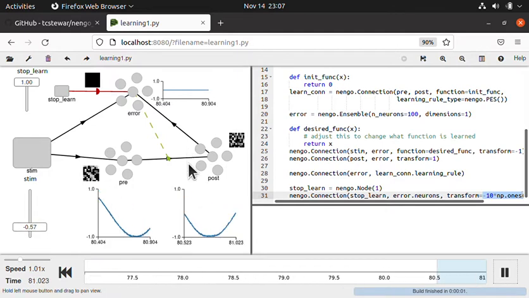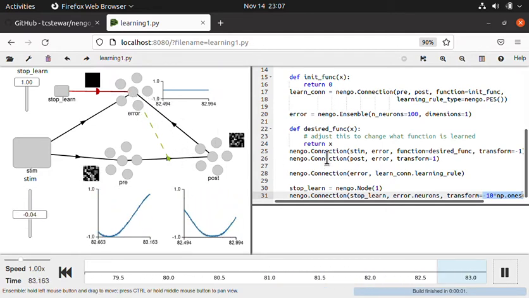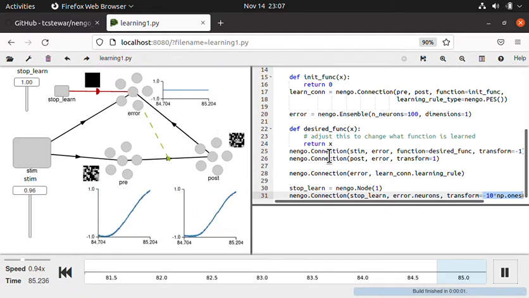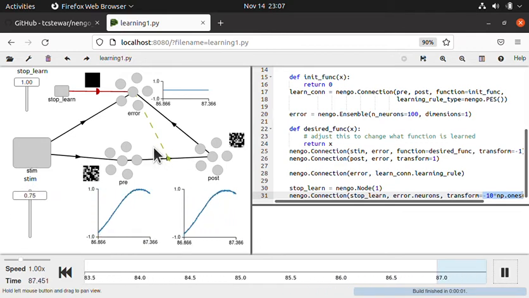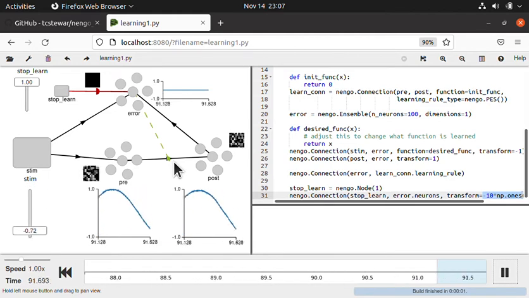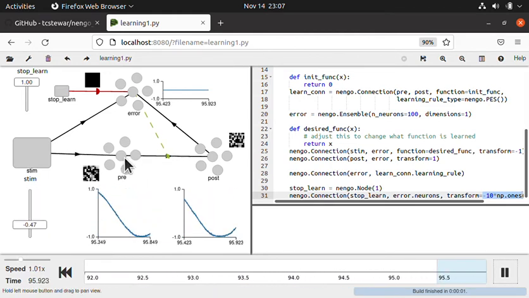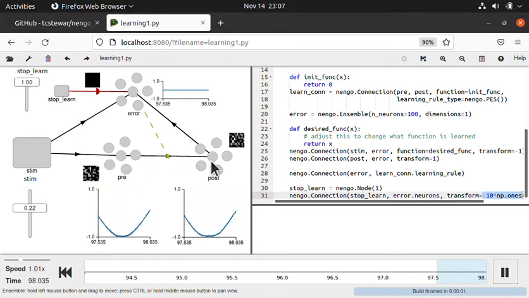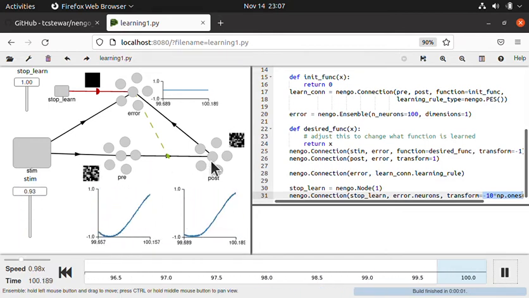And indeed, if you did a learning rule with an infinitely small learning rate, and you did it for an infinite amount of time, and the noise had the same properties that we assumed, this process would converge onto the same answer that we get when we just solve for the decoders.